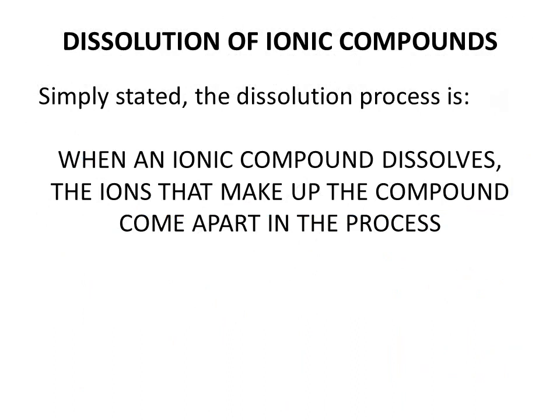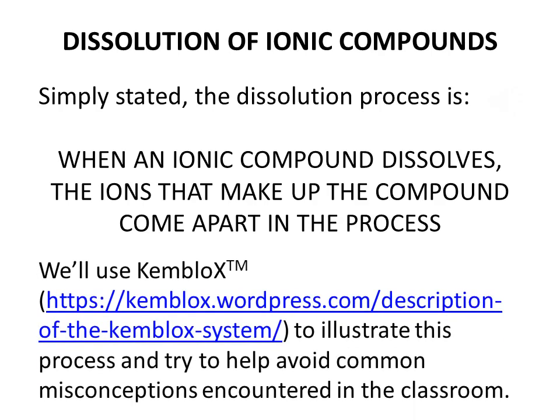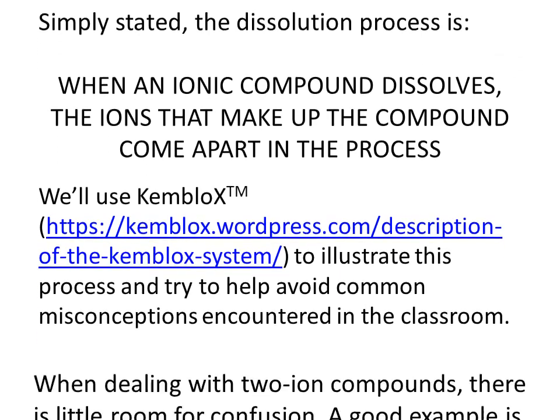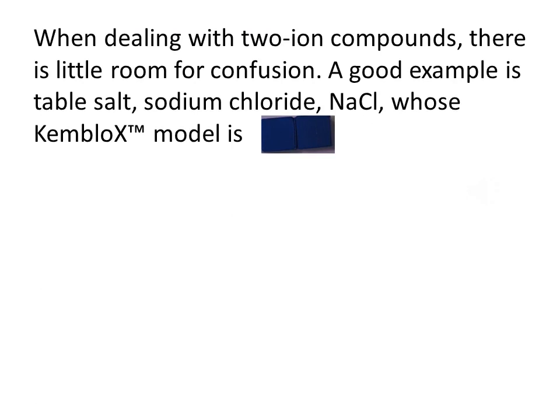The dissolution of ionic compounds occurs through a very simple process. When an ionic compound dissolves, the ions that make up the compound come apart in the process. We'll use KembloX to illustrate this process and try to help avoid common misconceptions encountered in the classroom. When dealing with two-ion compounds, there is little room for confusion.